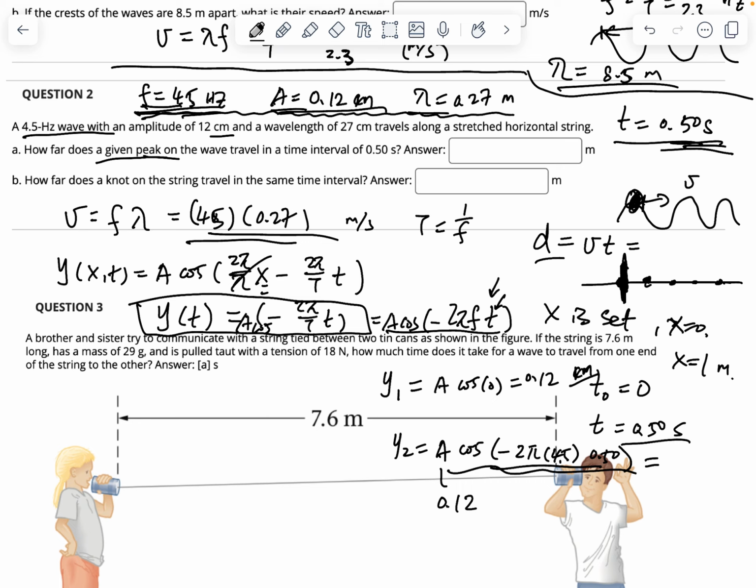So 4.5 times 0.5 times 2 times pi, right?